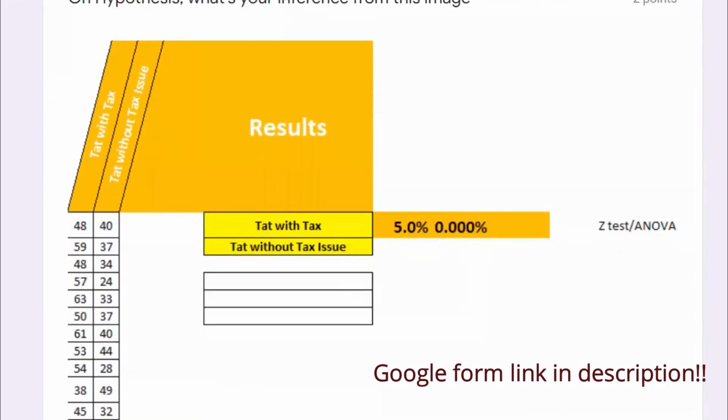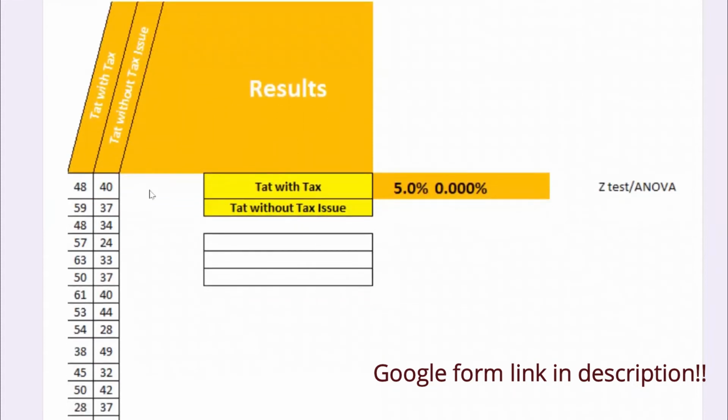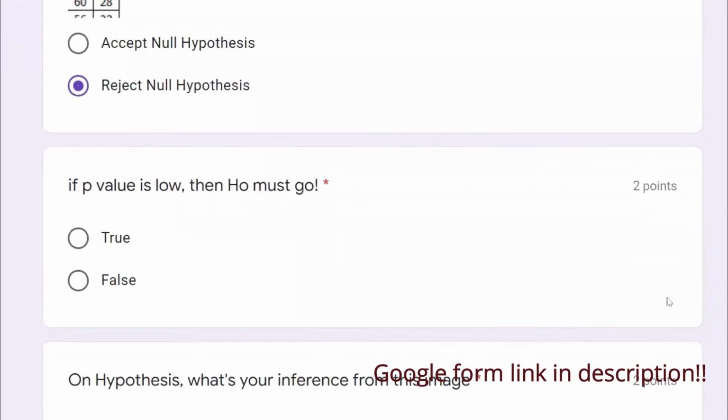Data has been given for with tax and without tax, and here the p-value is 0, which is less than alpha, that is 5 percent. Now we can conclude that we reject the null hypothesis. If the p-value is low, then H naught, that is the null hypothesis, must go.